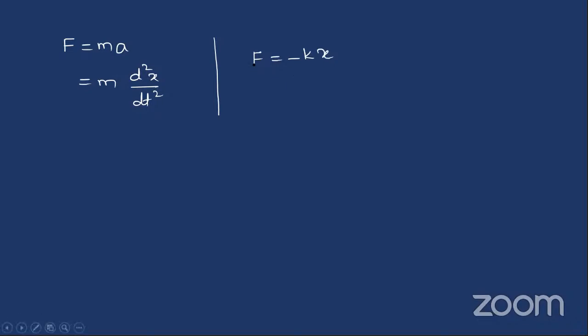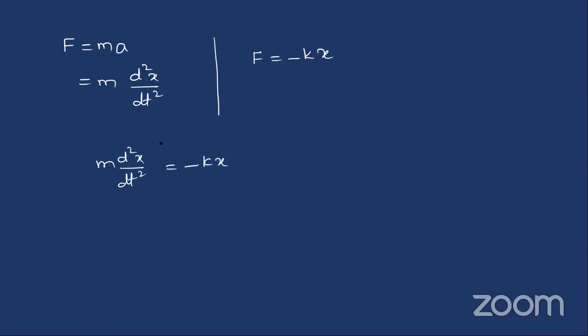Now, when we consider a system of this kind, as we discussed just before, these two forces must be equal to each other, and only then does the system reach its equilibrium position. So I'm equating these two expressions. m into d square x by dt square equals minus k into x.